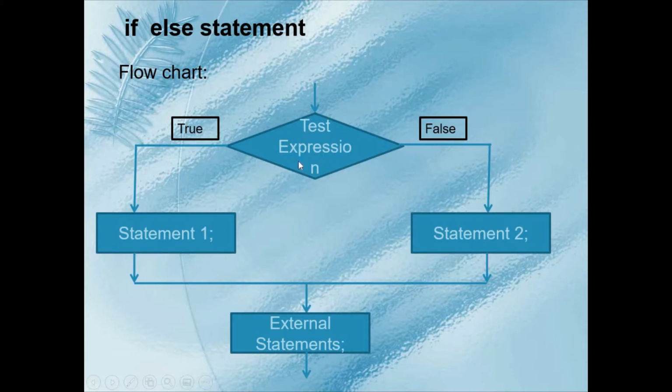If the test expression is false, then it follows this path and the other block of statements is executed, and then the control will be transferred to the external statements. This is how the if-else statement works.